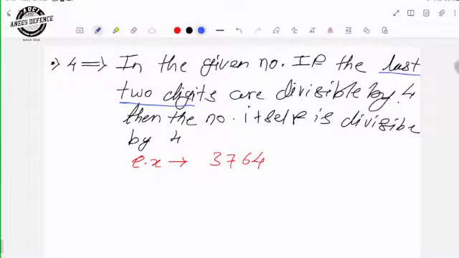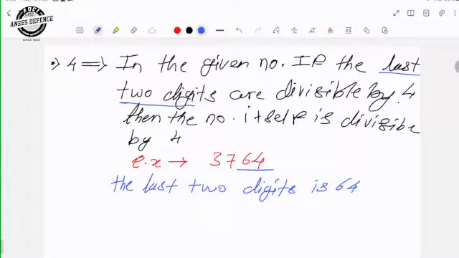So the last two digits are 64. Is this divisible by 4? Yes, it is divisible by 4.